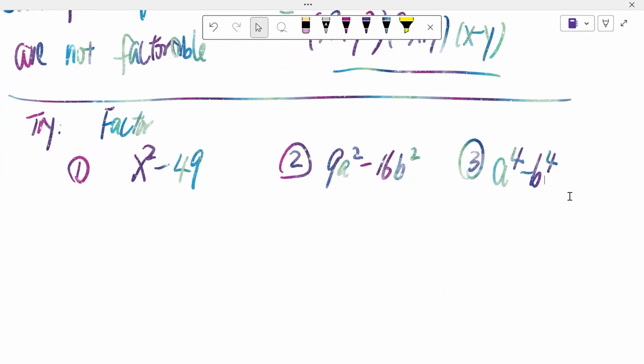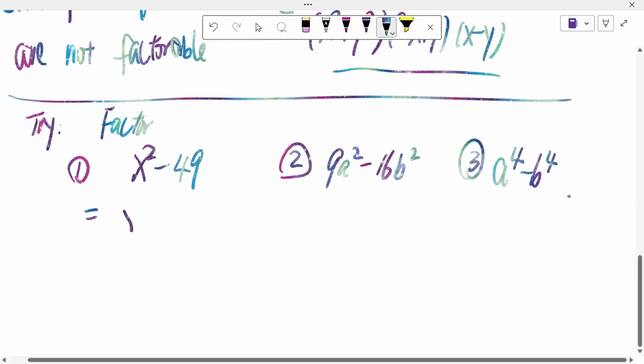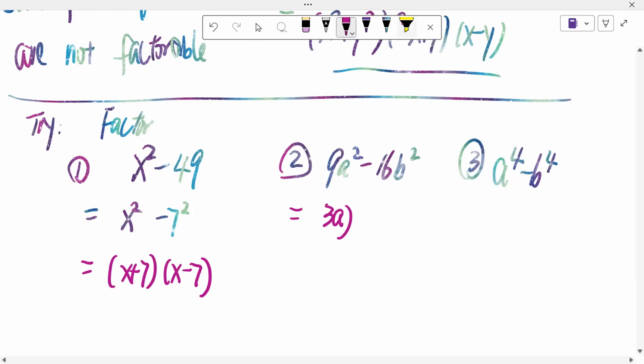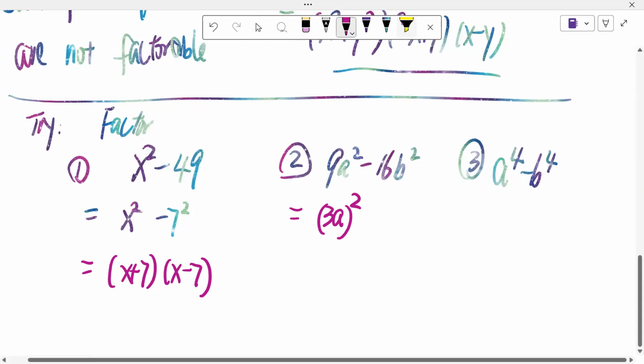Okay, so let's go over the solution. The first one, you rewrite it as x squared minus 7 squared. From there, we know it's going to be x plus 7, x minus 7. And the second one, you rewrite it as (3a) squared minus (4b) squared, since 3a squared equals 9a squared and 4b squared is 16b squared. Again, from there, you add and subtract: 3a plus 4b, 3a minus 4b.